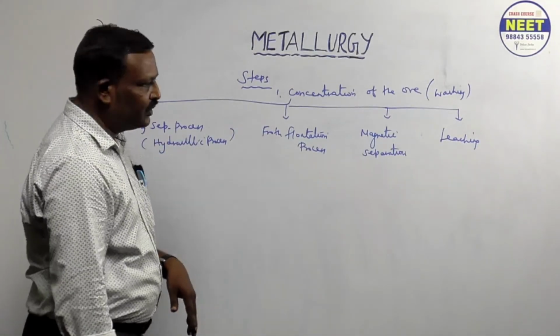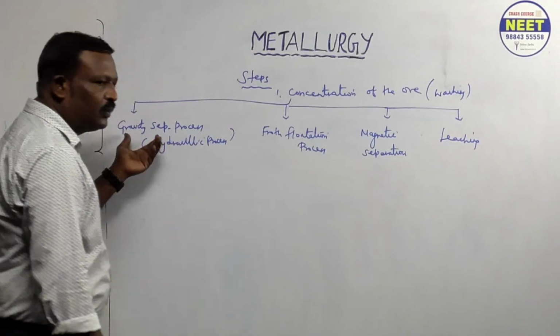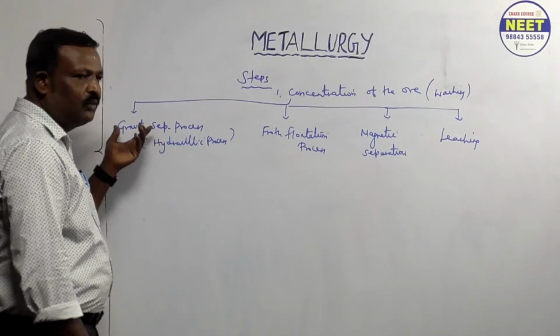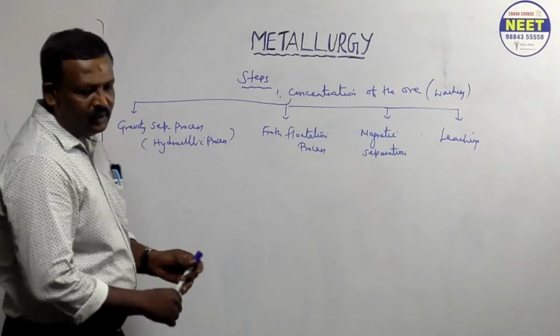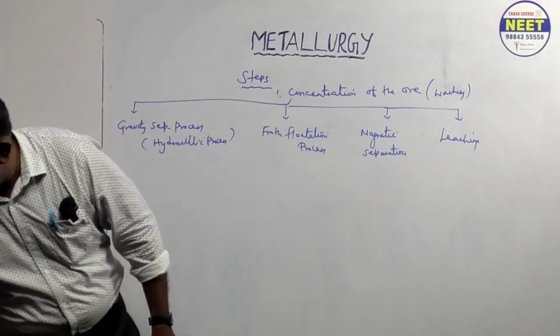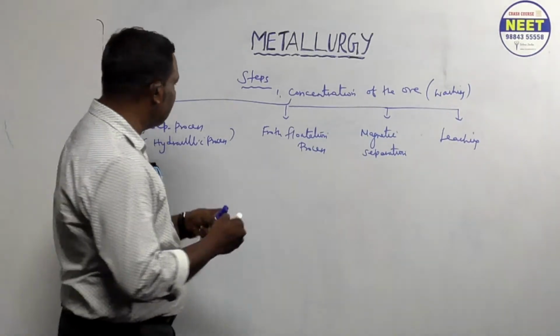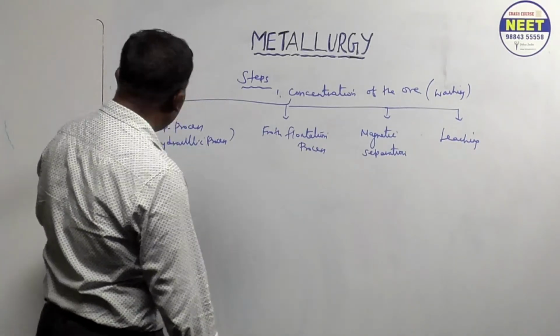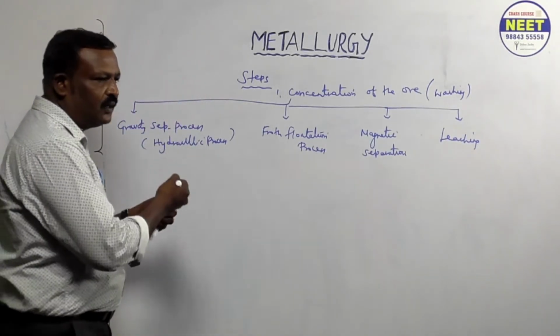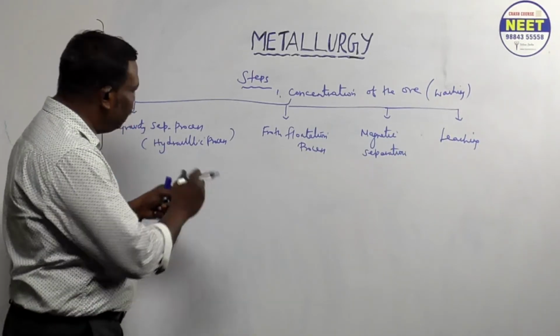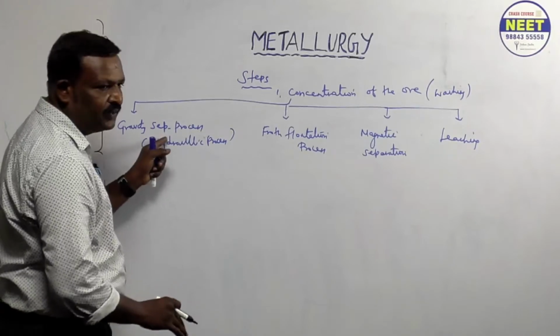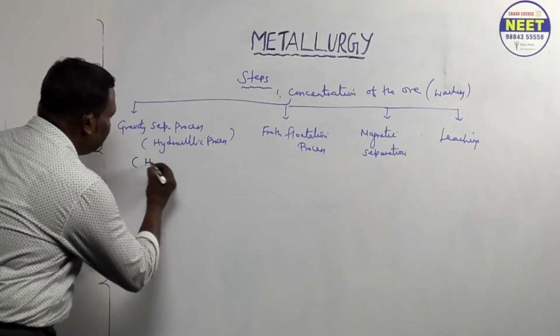Suppose you have heavy ore, mostly iron ore, like hematite. Iron ore is washed by what? Current of water. Simply remember. Current of water means when you pass water with high force, any unwanted substances are easily removed from its surface.